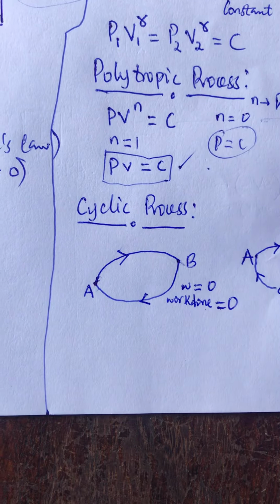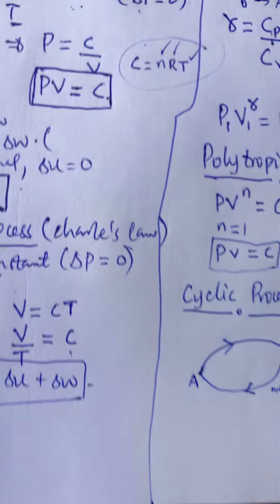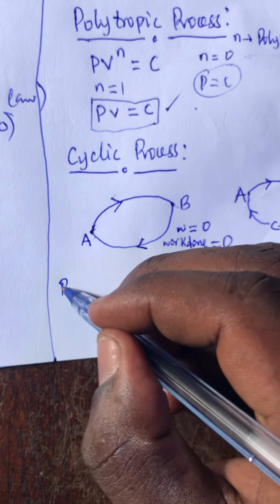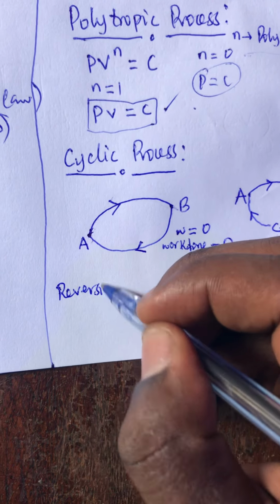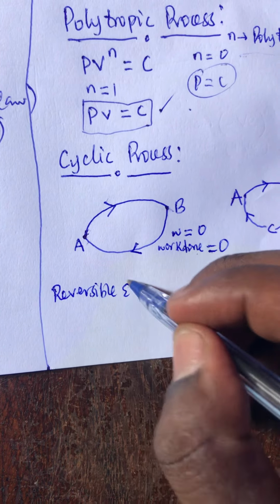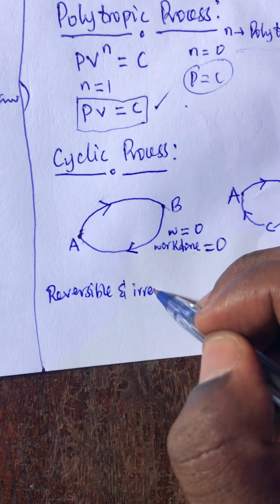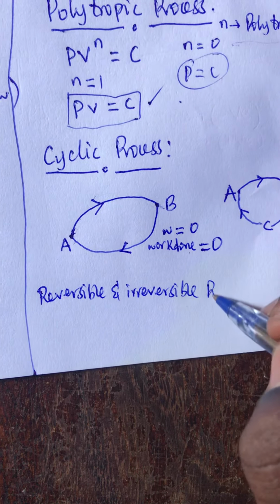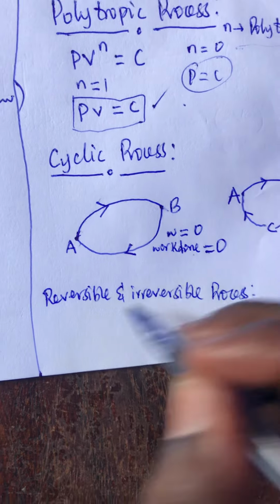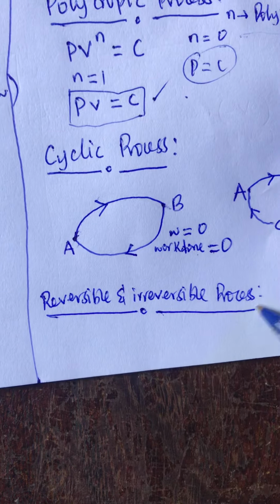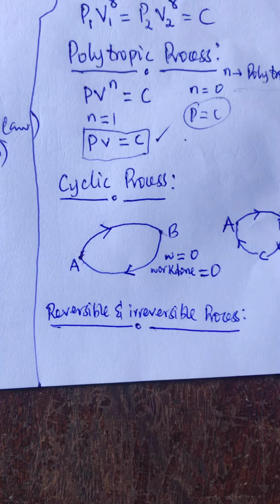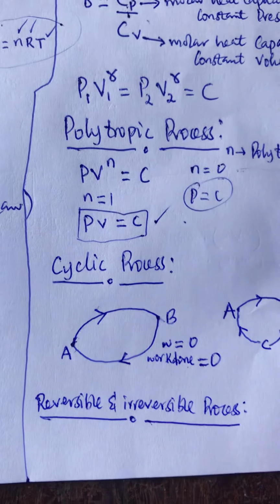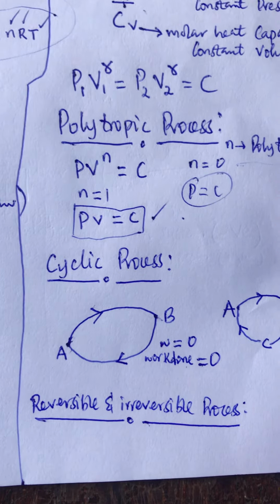Then after the cyclic process, we have what we call the reversible and the irreversible process. Now, a reversible process is basically a process that can go back to its original state by just changing the conditions that caused it to go to that state.